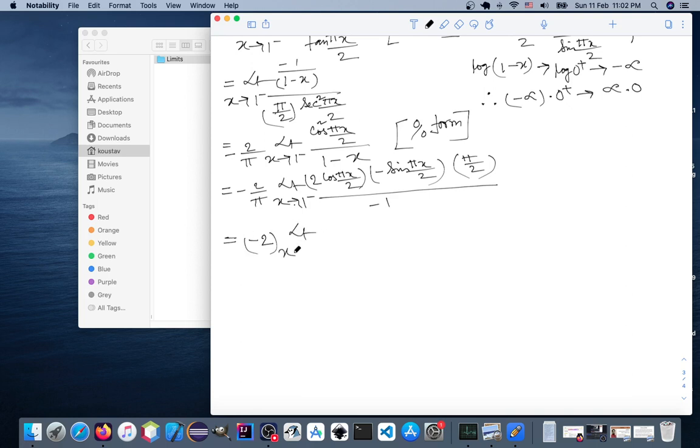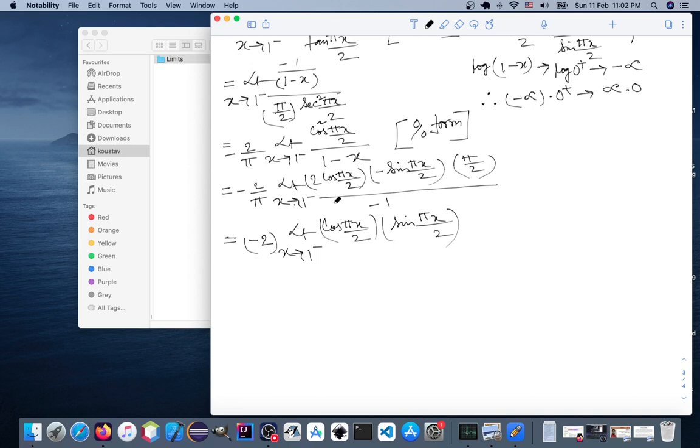Limit x tends to 1 minus, we have cos(pi x by 2) and sine(pi x by 2).